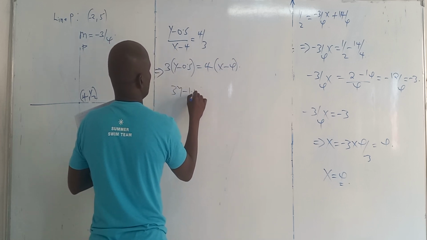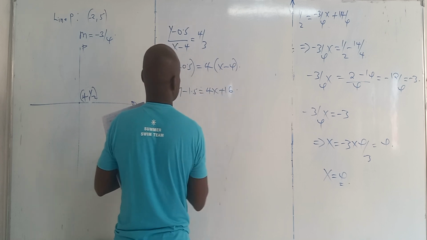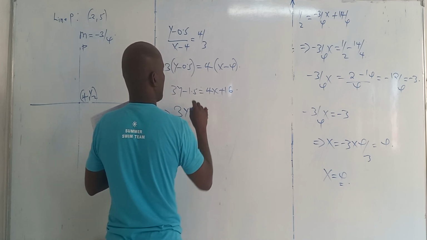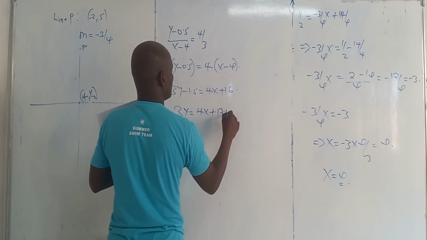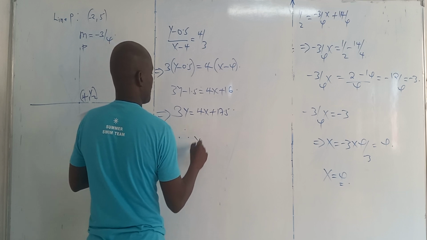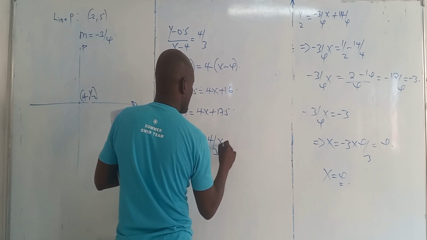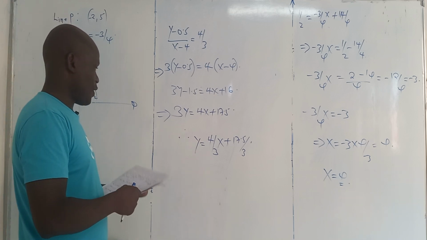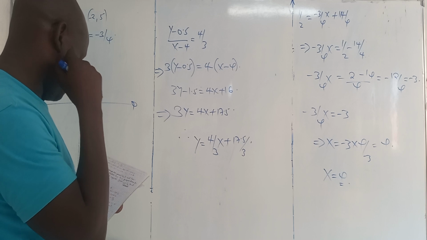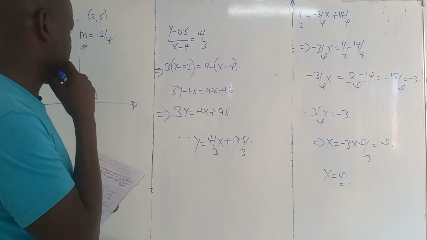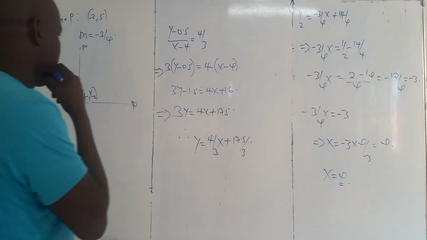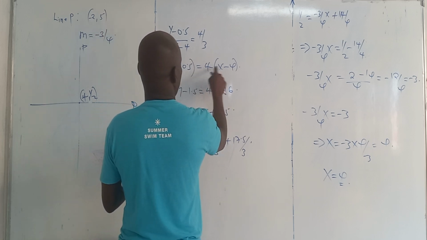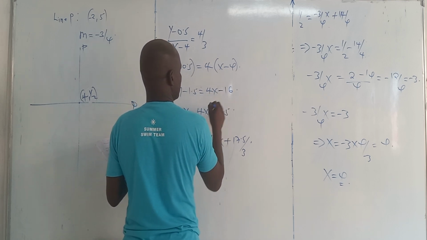So 3y minus 1.5 is equal to 4x minus 16.